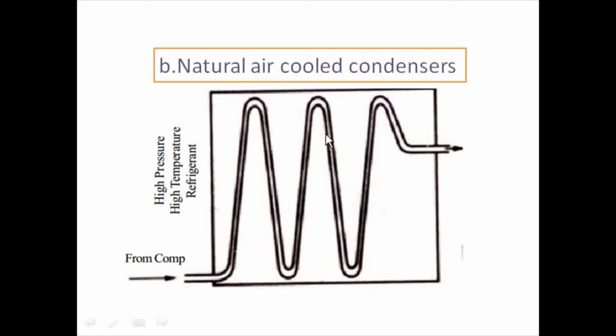Here we use natural air to condense the refrigerant passing in this pipe. The atmospheric air condenses the refrigerant. There is no forced air, but we use natural air. Let's continue with another type of condenser.